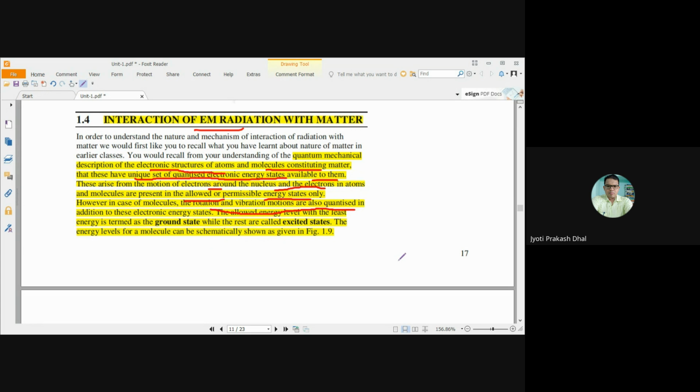So in case of molecules, apart from electronic transition, rotational and vibrational motions are also there, and hence, just like electronic quantized energy levels for atoms, similarly for molecules, rotational and vibrational motions are also quantized in addition to these electronic energy levels. The allowed energy level with least energy is termed the ground state, while the rest are called excited states.